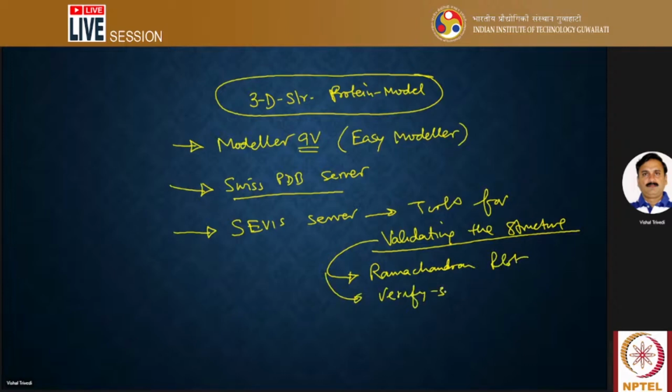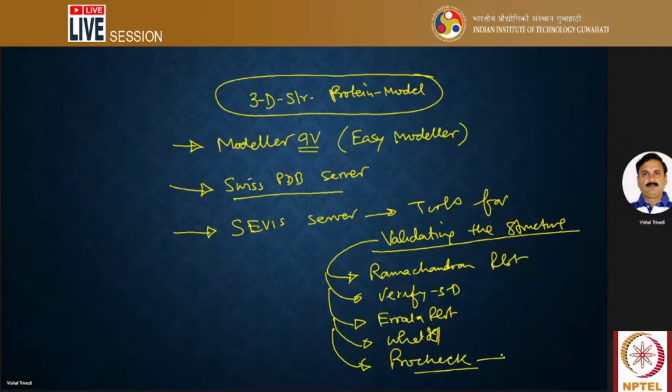So these are some of the plots you can do. You can do the ERRAT plot, and you can do the WHAT IF and all this. So these are the things you can do. You can do the PROCHECK, right? So that PROCHECK is going to tell you the accuracy of the structures. Okay, so these are the things you can do, and it's not very difficult.